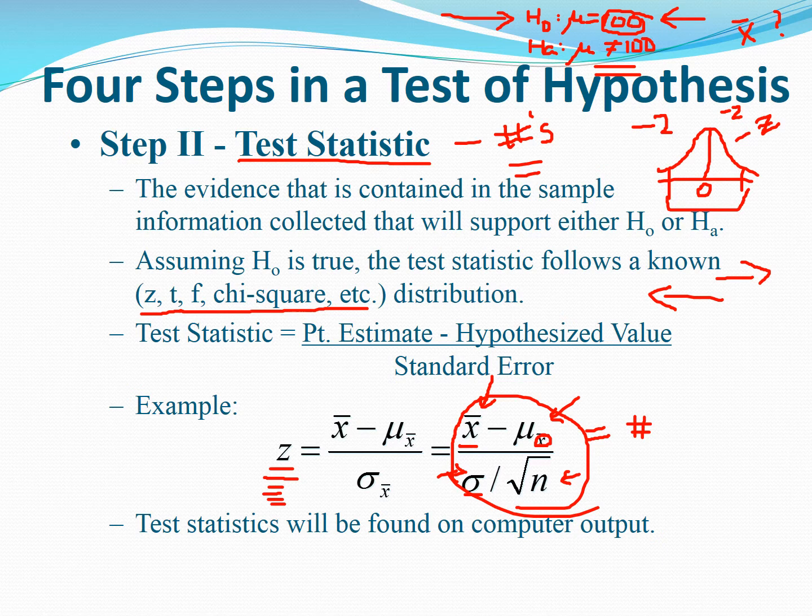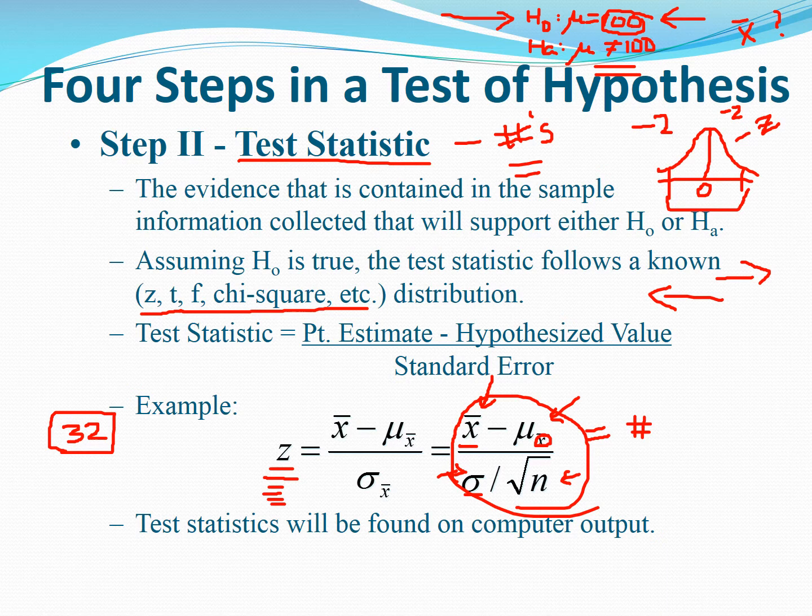But the bigger point here, and we'll get into some of those specifics in the next step, is you know what to expect. And so if you get a test statistic that's a value like 32, and you know anything about a z distribution, you're going to look at a value of 32 and say, no way, that's too far out. It's way out there in the tail. That's a contradiction.